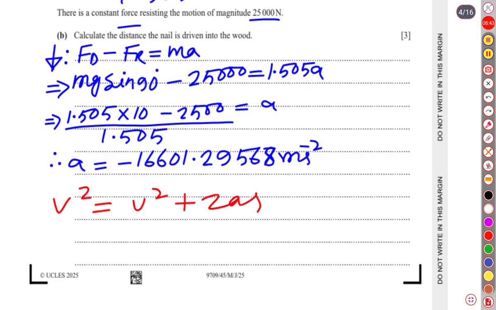Here v is the final velocity of the object. It must be zero, because when the nail was hit by the hammerhead, finally it came to rest. That's why final velocity is zero.